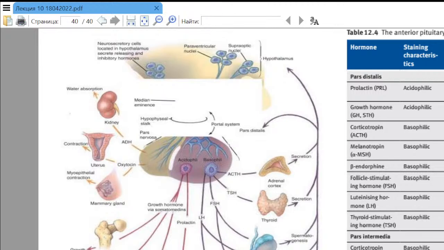What you see? Hypophysis, neurohypophysis and adenohypophysis, which synthesize many hormones. For example, the cells of the pars distalis of the adenohypophysis synthesize the next hormones.